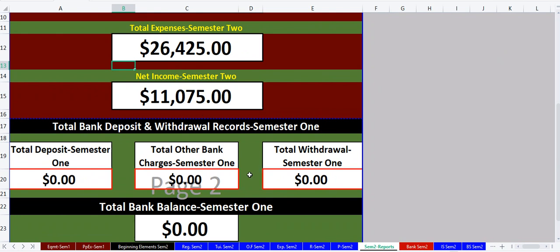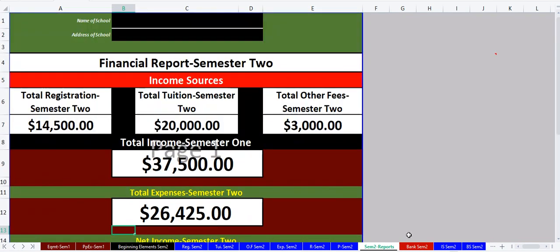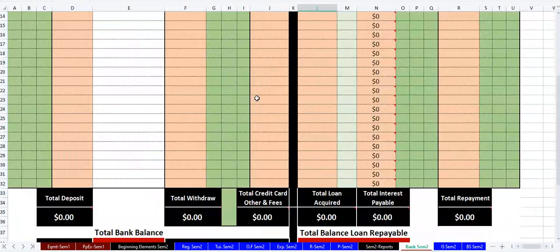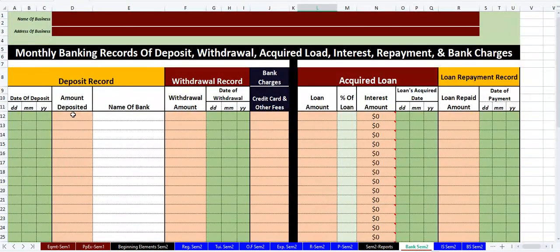All right. Now we'll come to the bank area again. So we'll come to the banking area here. Let's say we deposited 23,000 at Good Bank Incorporated.